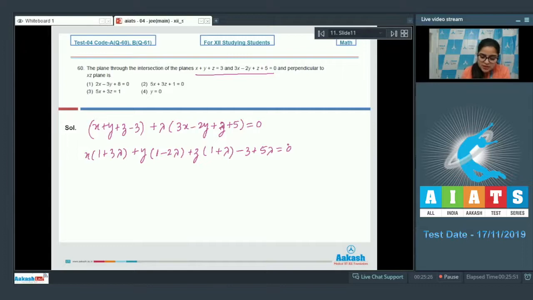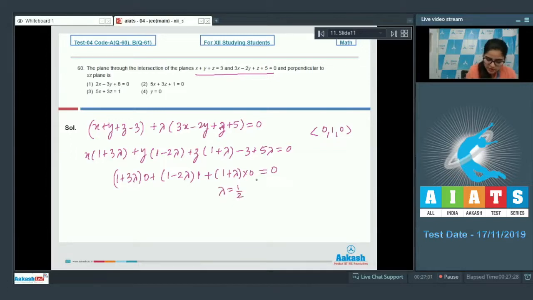The plane passing through the intersection of planes is perpendicular to the xz plane. So when the given plane is perpendicular to the xz plane, it means its normal is parallel to the y axis. So direction ratios of the y axis are 0, 1, 0. So (1 plus 3 lambda) times 0 plus (1 minus 2 lambda) times 1 plus (1 plus lambda) times 0 is equal to 0. So from here you are getting lambda is equal to half.